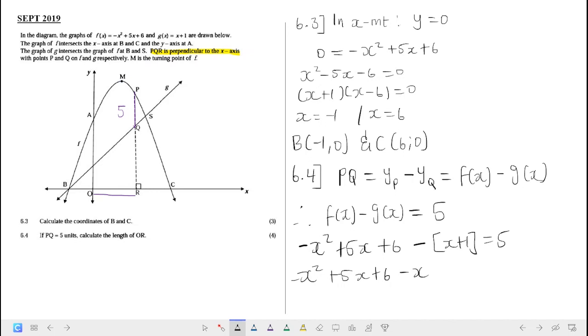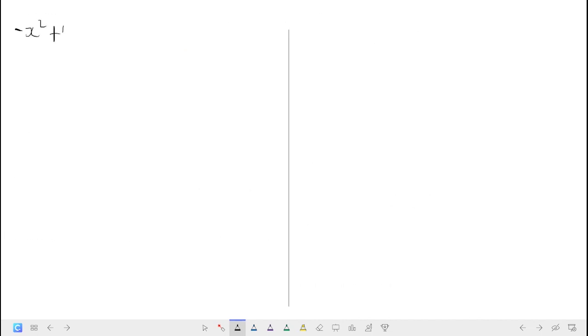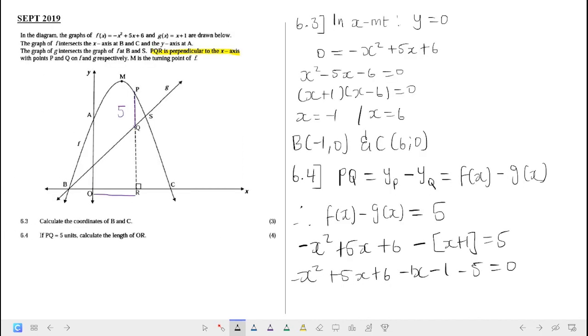So let's see what you get when you simplify here. We're going to get -x - 1, take the 5 over, it's going to be -5, equals 0. So here I have -x², and then 5x - 1x gives me 4x, so +4x. And then 6 - 1 gives me 5.